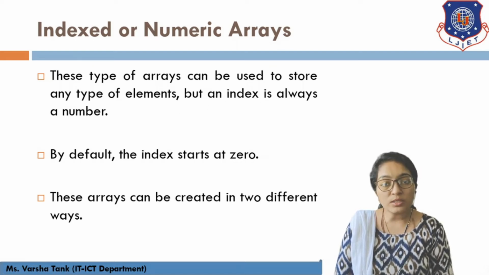You can store any type of element, whether it is a string, an integer, a character, or a floating point or double, etc. But the index will be only a number, starting from 0. By default, the index starts at 0. This array can be created in two different ways. Now, which are these ways? Let's see.